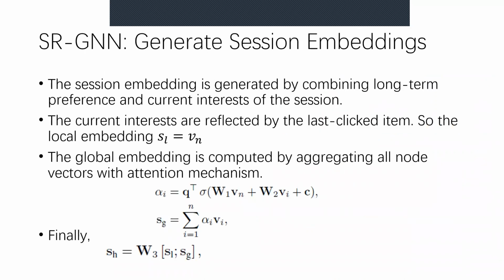After that, they generate the session embeddings by combining the long-term preference and the current interest of the session. The current interest of the session is reflected by the last clicked item. So the local embedding SL is equal to the item embedding of the last clicked item. And the global embedding is computed by aggregating all the node vectors with an attention mechanism.